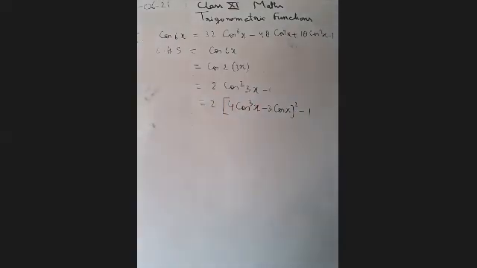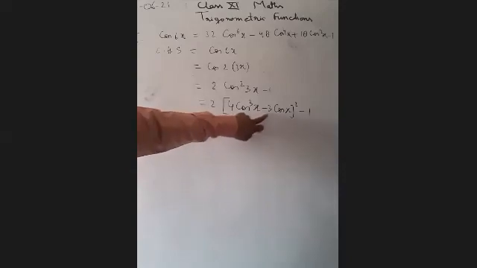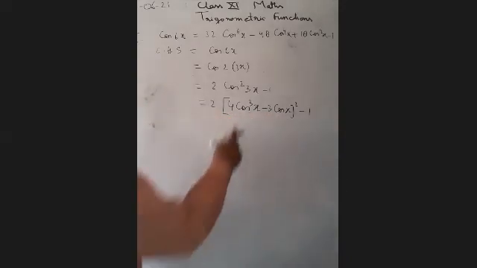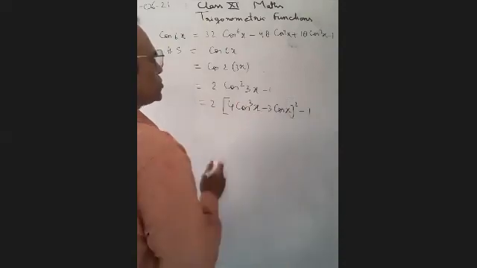We have proved the formula of sin 3x, that was 3 sin x minus 4 sin cube x. The cos 3x formula is 4 cos cube x minus 3 cos x. Now you can use the identity a minus b whole square.